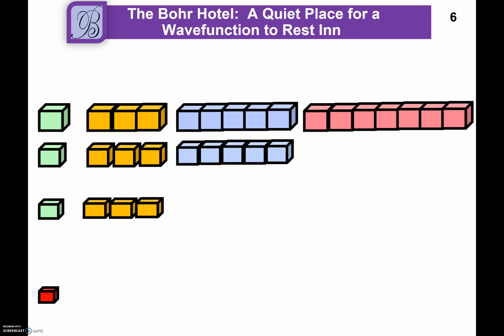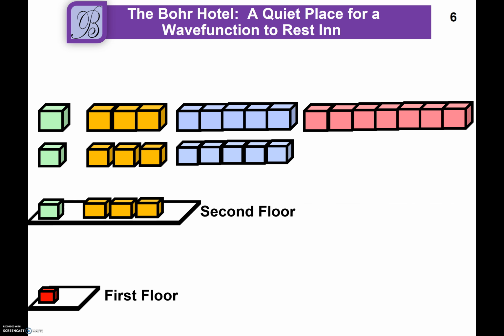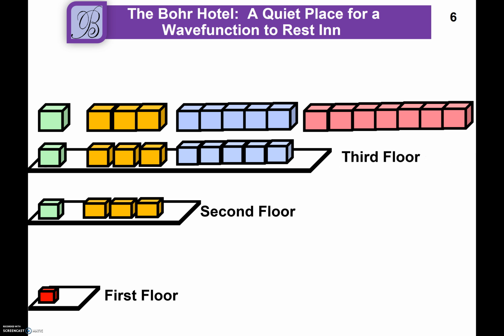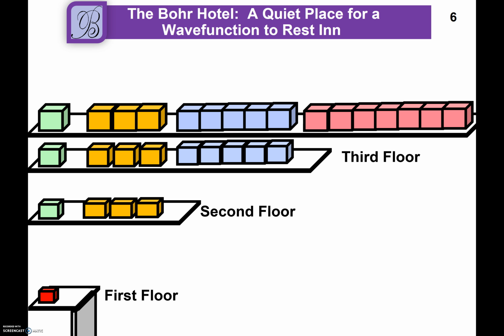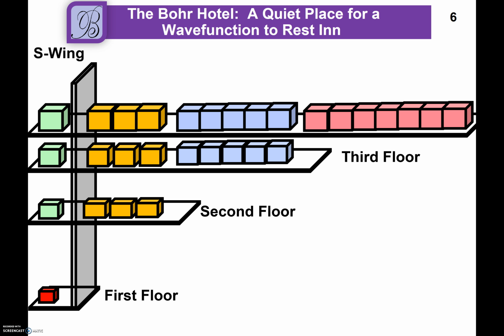Now, for the orbitals, let's think of them as like a little hotel. On the first floor, you can only have an s orbital. So that means energy level 1 can only have an L equals 0 s orbital. Second floor has more room, and you can have p orbitals. Third floor, 3rd energy level, can have s, p's, and d's, and then on the 4th one you can have s, p, d, and f.